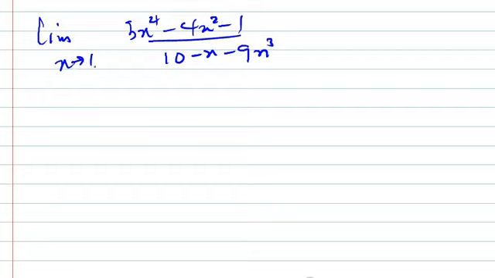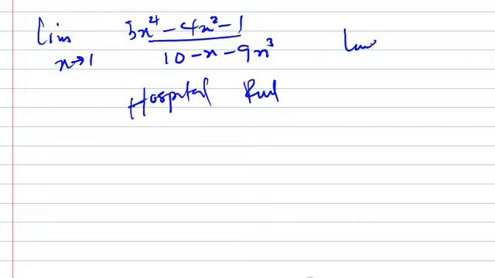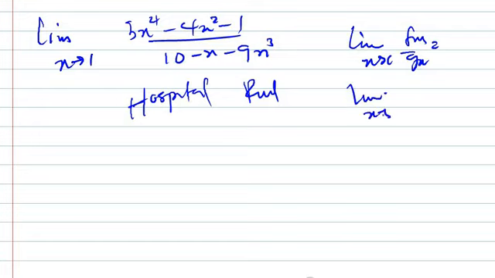If we put x to be equal to 1, we are not going to have a definite answer, so we use L'Hospital's rule. The limit as x goes to c of f of x over g of x is equal to the limit as x goes to c of f prime of x over g prime of x.